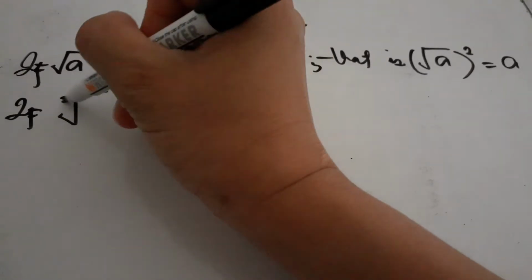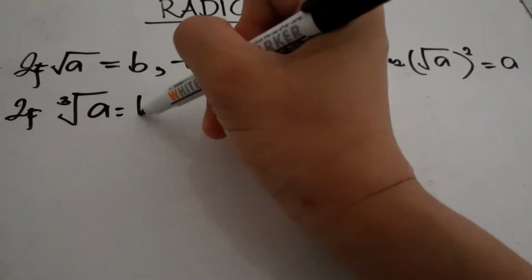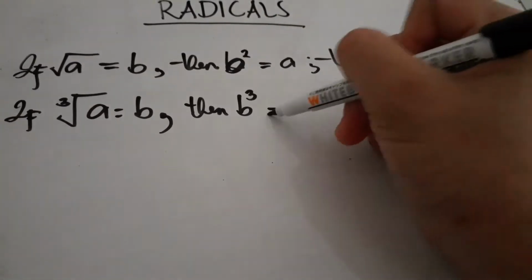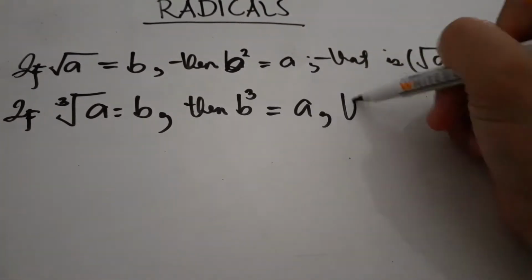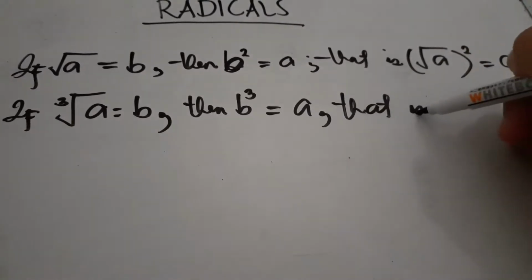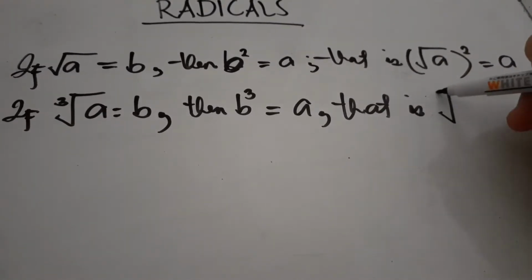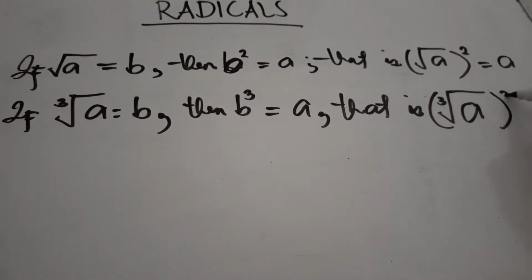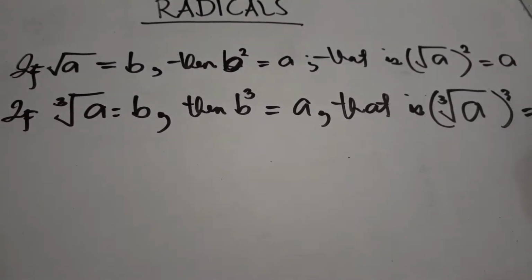If the cube root of a is equal to b, then b cubed is equal to a, or the quantity of the cube root of a raised to the power of 3 is equal to a.